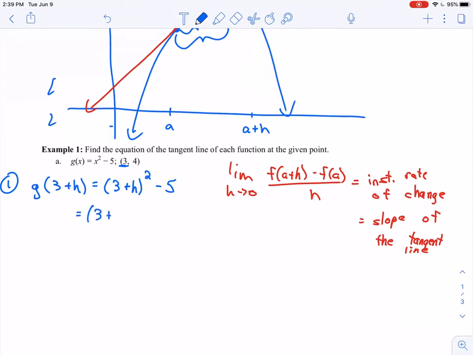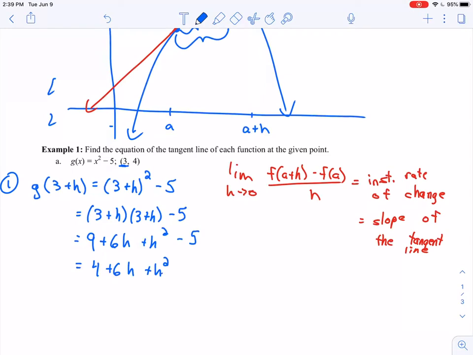This really says 3 plus h times 3 plus h minus 5. So if I FOIL this out, I should have 9 plus 6h plus h squared minus 5. And then 9 minus 5, that's really 4 plus 6h plus h squared. So here is my result for g of 3 plus h.